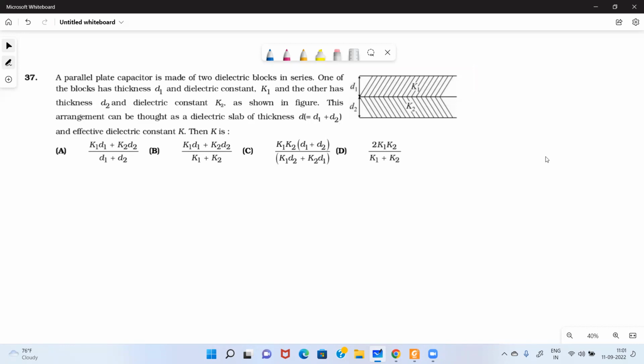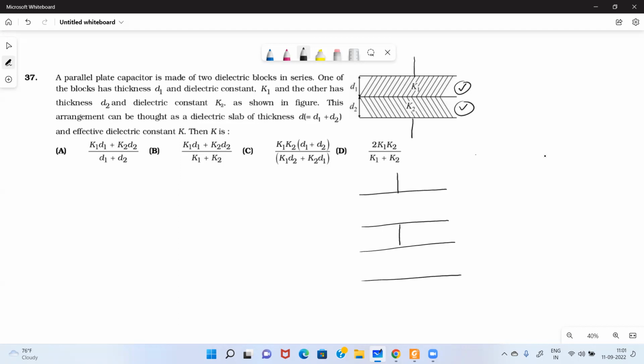Fine. So let's understand the question here. I have two dielectrics, dielectric 1 and dielectric 2, correct? Now, as we did in the previous question, I'm going to split them into two capacitors.